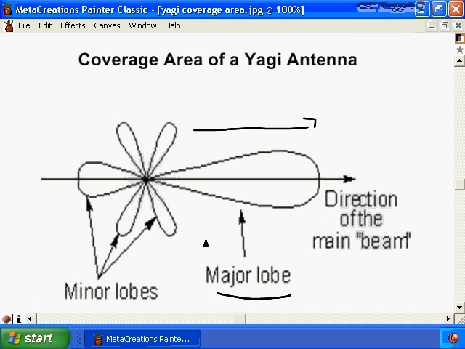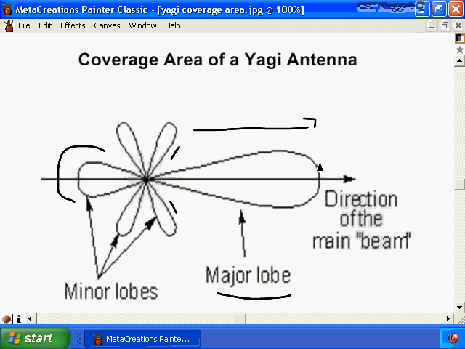In addition to this major lobe at the front of the antenna, we also have radio frequency energy being emitted out the side and the rear of the antenna. This energy coming out the side and the rear is referred to as minor lobes, and these minor lobes are caused by radio frequency energy radiating from the reflector portion of the Yagi antenna.